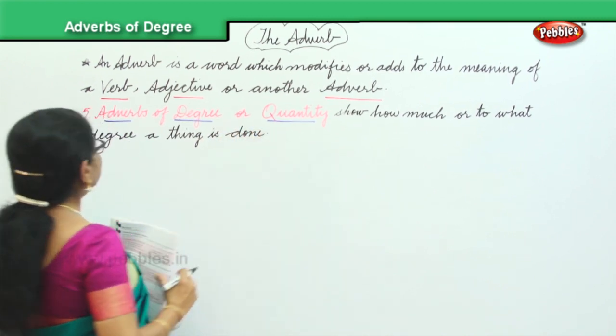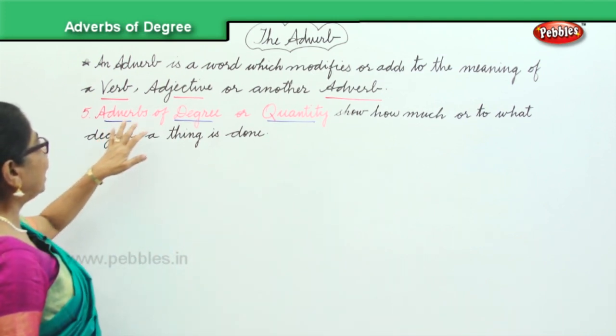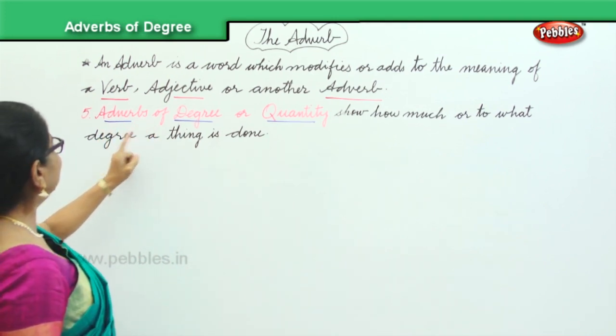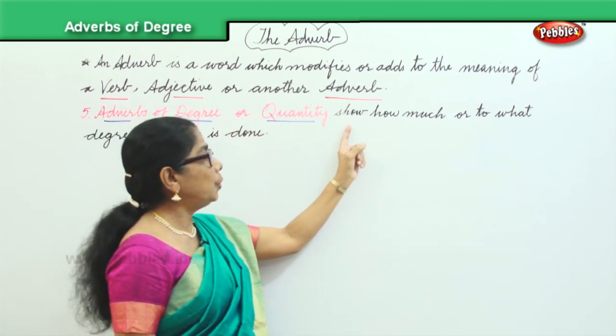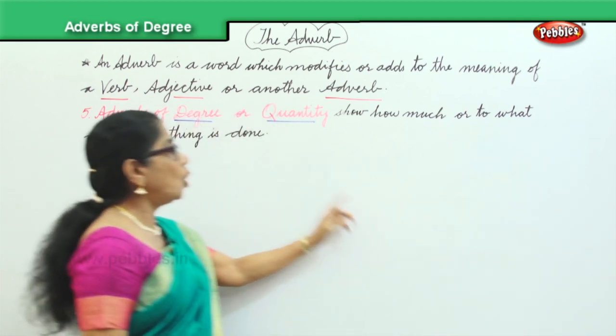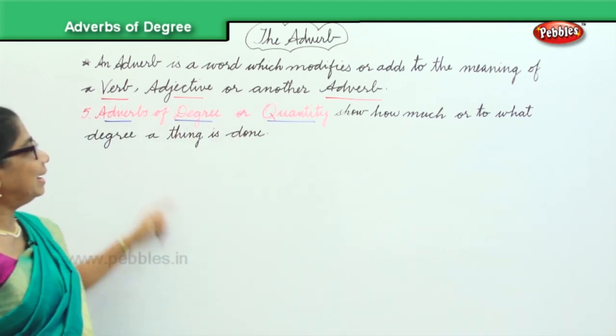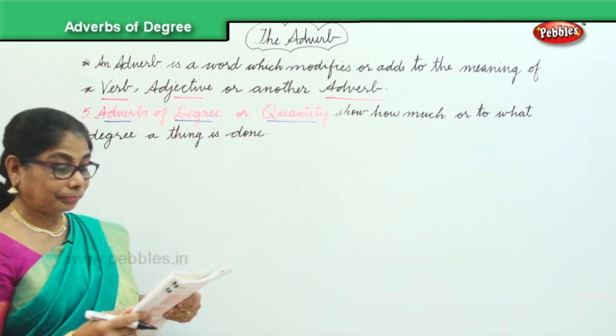We are doing the 5th kind of adverb, adverbs of degree or quantity. They show how much or to what degree a thing is done.